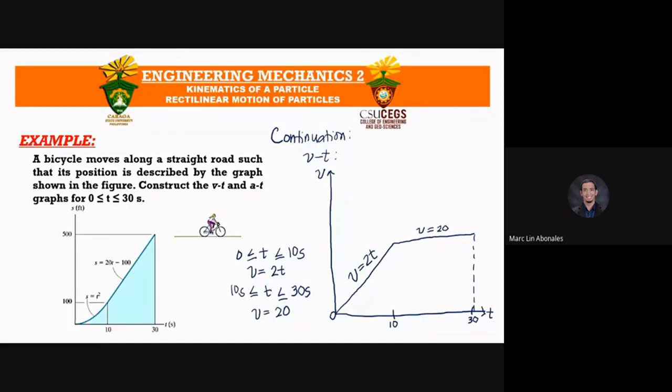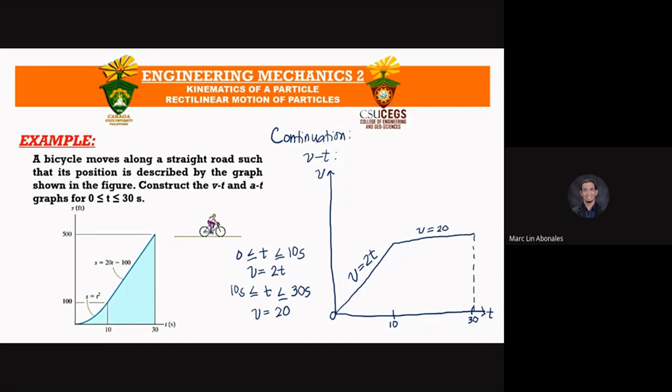So makita nimo na pagtanaw, ang purpose magud ani, pagtanaw pa lang nimo sa graph, increasing siya during the time interval na 0 to 10, pero pag abot sa 10 to 30 is constant. Okay? So meaning constant, dili siya increasing or decreasing ang iyang velocity. Throughout the time interval na 10 to 30, it is 20.